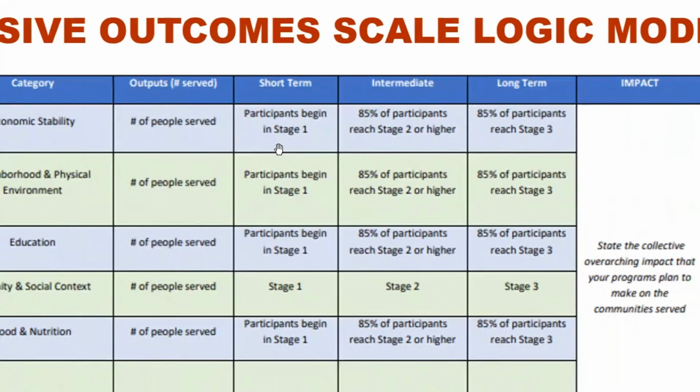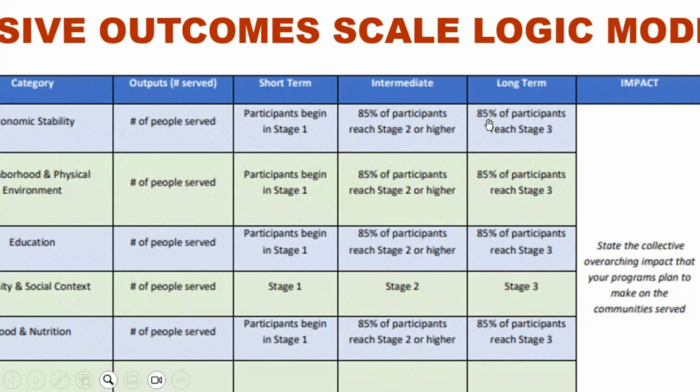When we move over to short, intermediate, and long term, these time intervals can vary. Short term could be from 6 months. So let's say participants are 6 months into a financial literacy program directly related to economic stability. They're going to begin in stage 1. Intermediate, maybe a year into the program, we hope to see 85% of participants reach stage 2 or higher.